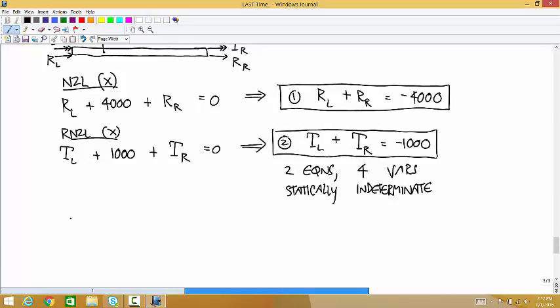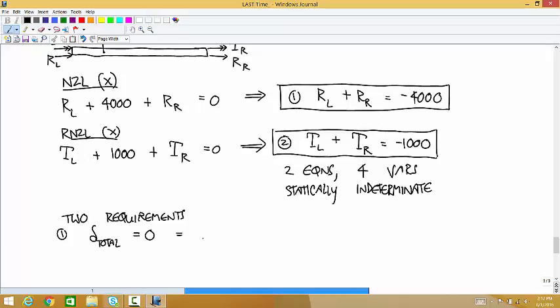So we're going to have two requirements. The constraint equations are going to come from two requirements. The first one is that the total change in length has to be equal to 0.